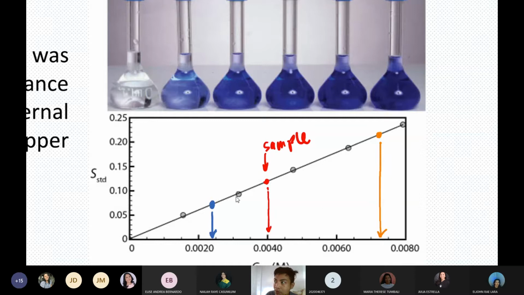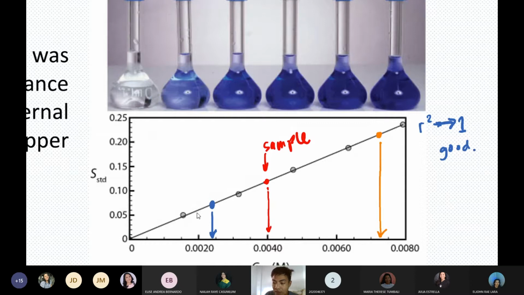So, ito yung mga black circles na yon. Then, you will check for the linearity using linear regression. Okay? So, after checking the linearity using linear regression, if the Pearson correlation coefficient is approaching to 1, then good yan.